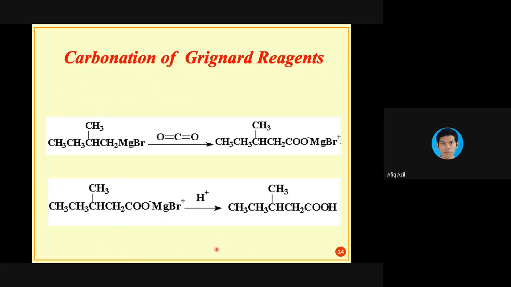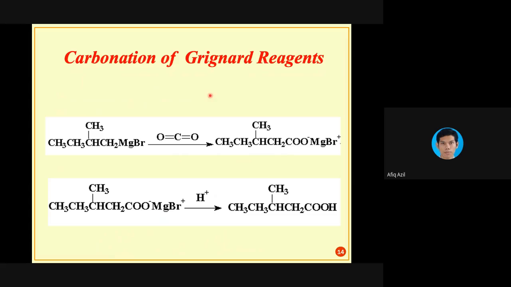The fourth way is basically the carbonation of Grignard reagent. If you still remember in the topic of alkyl halide, there is a way in which you can synthesize Grignard reagent, basically using alkyl halide plus magnesium metal in the presence of THF or ether.